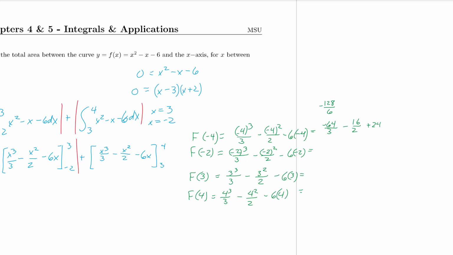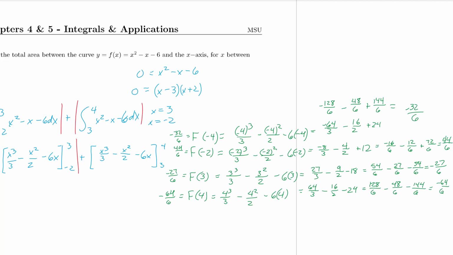And then if we get common denominators, we get -128 over 6 minus 48 over 6 plus 144 over 6. And when we do that, we get -32 over 6. I'm going to calculate that for the rest of these examples. Whew, that is some serious calculation work right there.